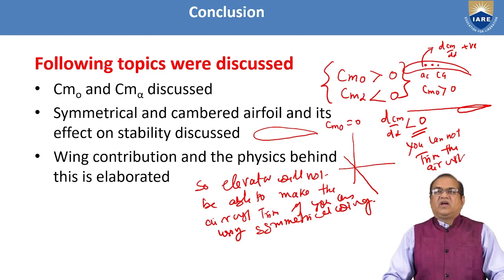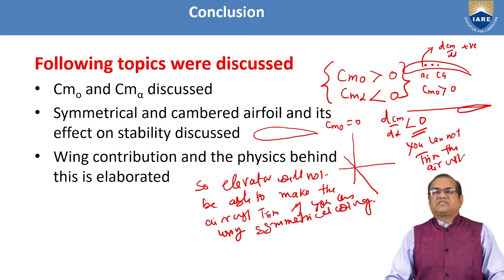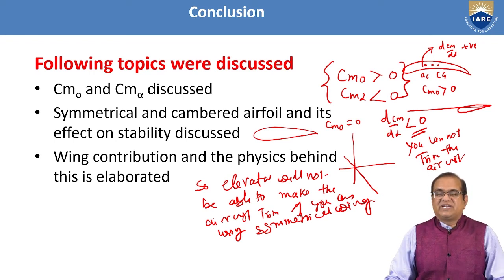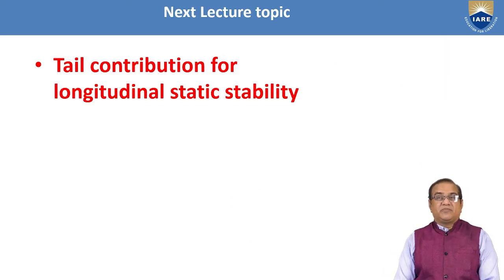I have also discussed the contribution of the wing, the physics of this wing, and I have also elaborated these things in detail. In the next topic, I will take the tail contribution for longitudinal static stability. Just now I have discussed why the tail is required.